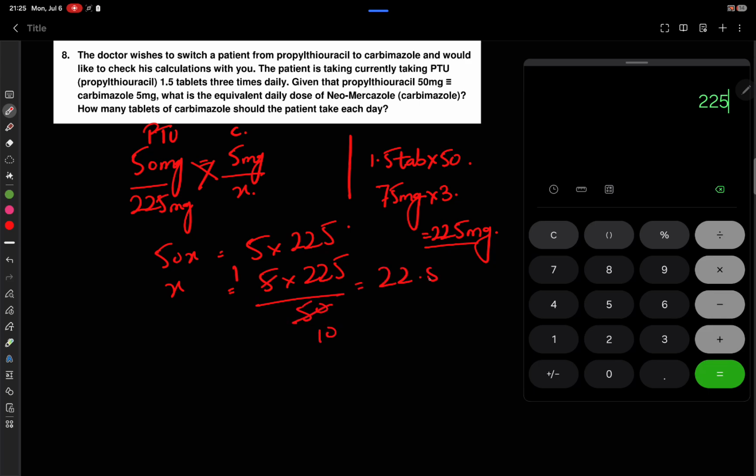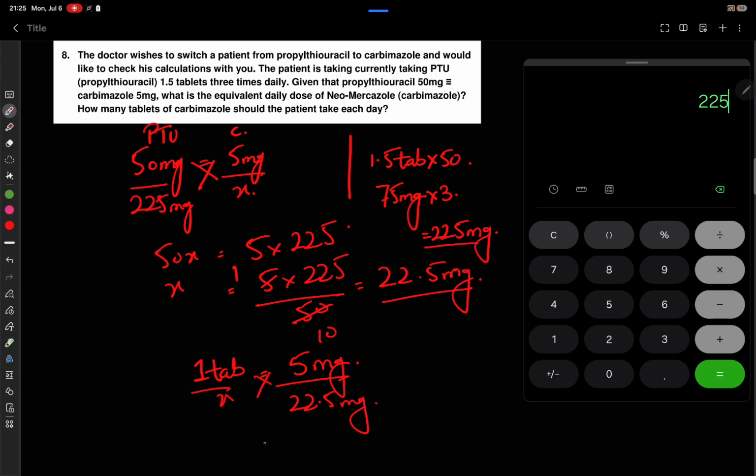So the answer will be 22.5 milligram. This is in milligram, but what about the number of tablets? One tablet of carbimazole, that is Neo-Mercazole, is equal to 5 milligram. 22.5 milligram will be equal to how many tablets?